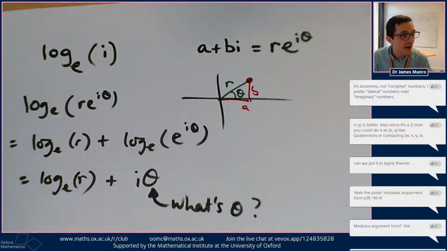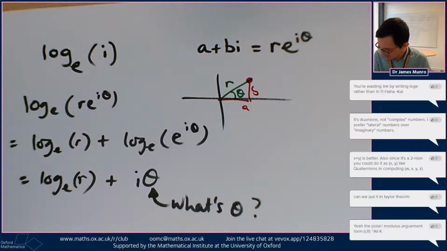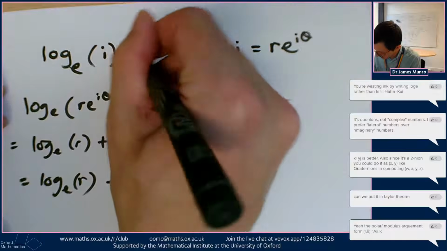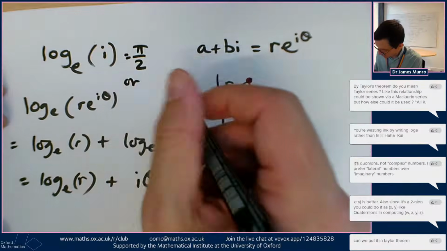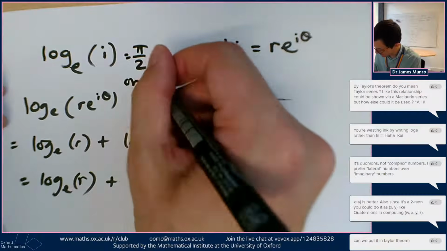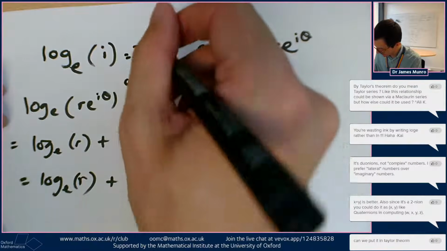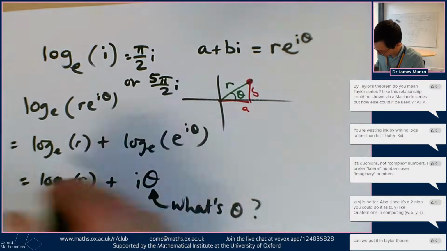When you're talking about complex numbers using radius and argument like this, modulus and argument, the argument's not quite uniquely defined. So for the particular case of log base e of i, a sensible answer is that this is pi over 2, but actually not much goes wrong if you think that this should be 5 pi over 2 times i. Its complex part.